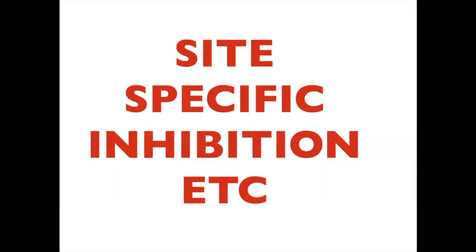Now, this is what's going to come out in any standard exam in biochemistry, and the topic will touch the electron transport chain. This is site-specific inhibition of the electron transport chain. There are certain substances which will specifically inhibit either complex 1, 2, 3, or 4, or complex 5.